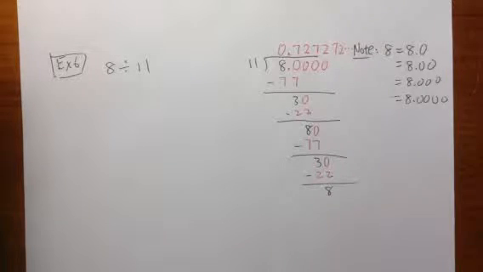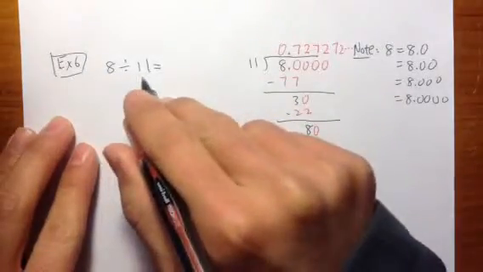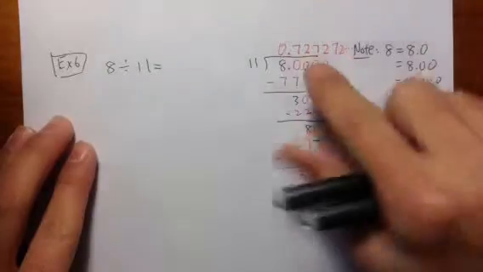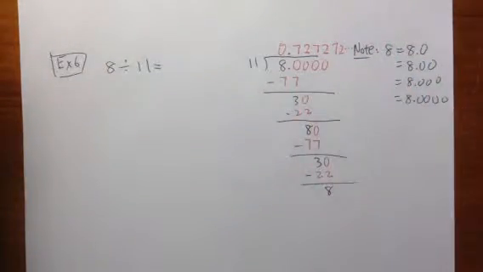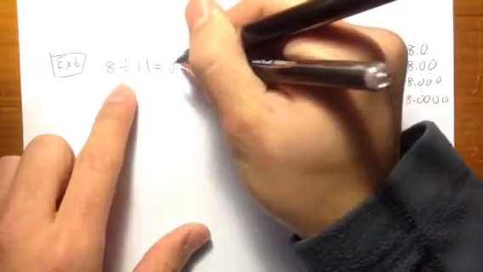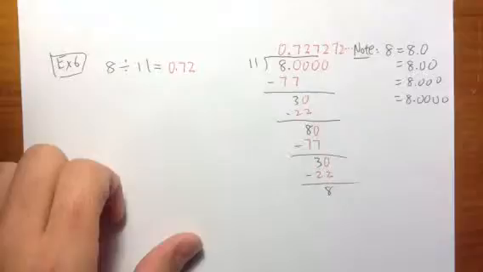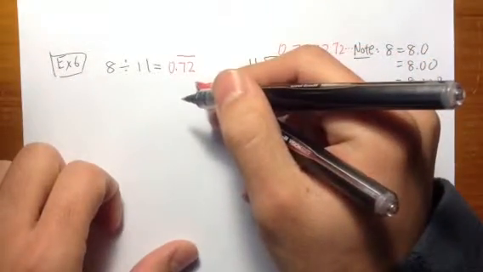Well, let's talk about how many ways that we can actually say the answer to this. In this case, if you have 8 divided by 11, and you see this happens, where the 7, 2 repeats, what we can do is write this as 0.72, and let's draw a bar above the 7, 2.